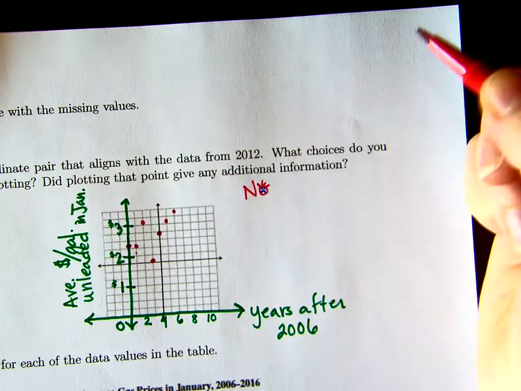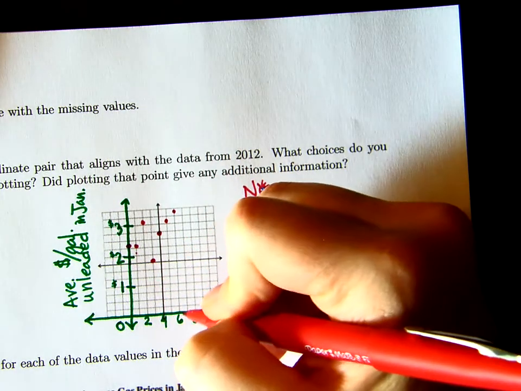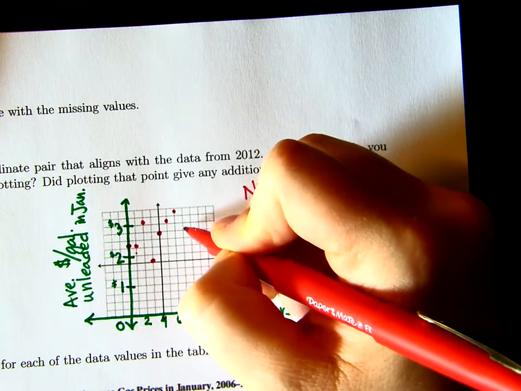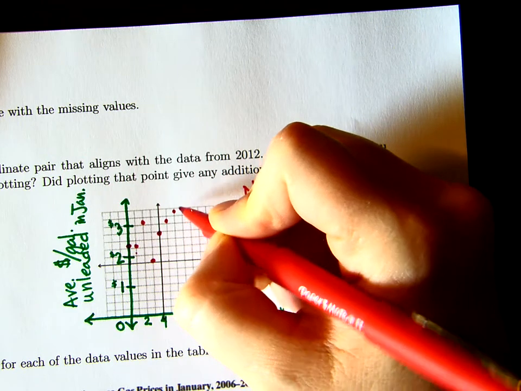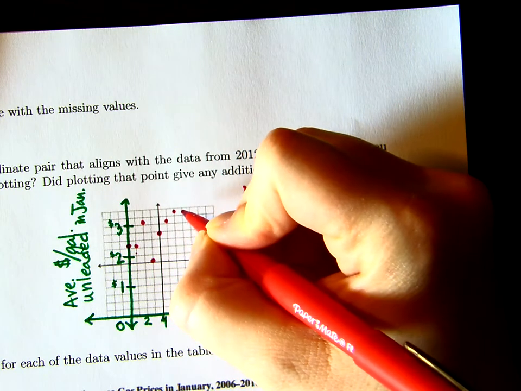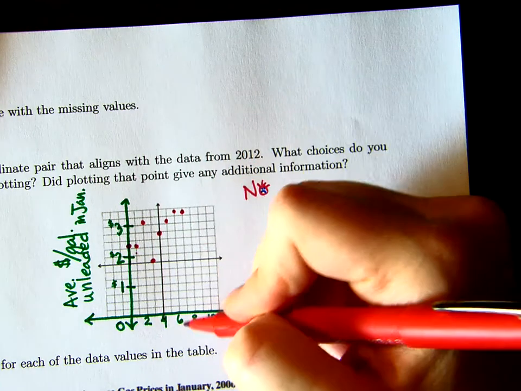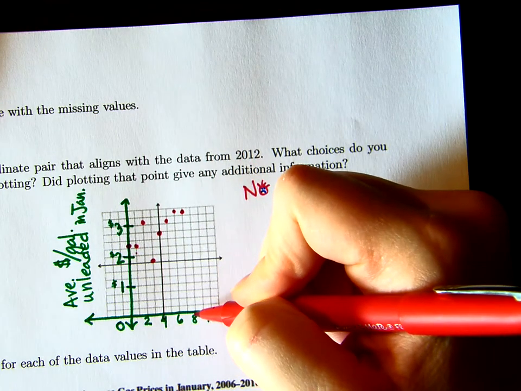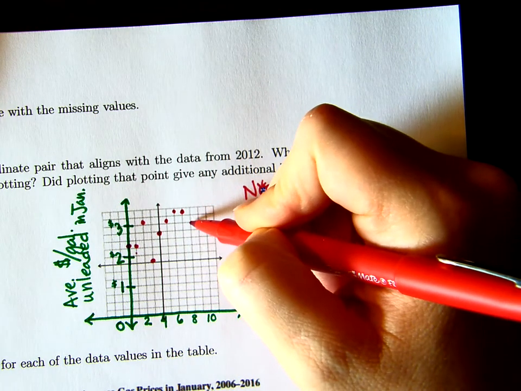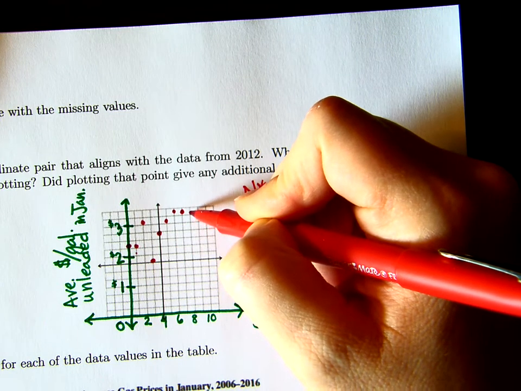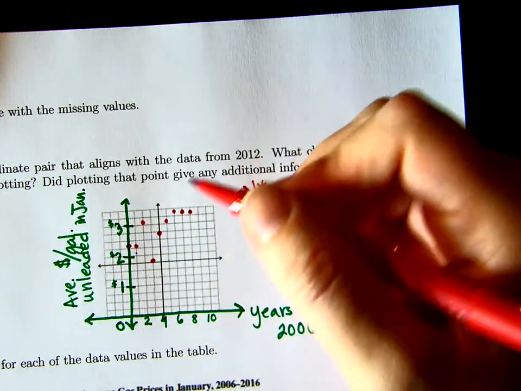Oh, we already have that point. There it is. 7 years later, it was at $3.35. So here's $3, $3.25, $3.35. 8 years later is at $3.32. $3.25, 32 cents. Very similar.